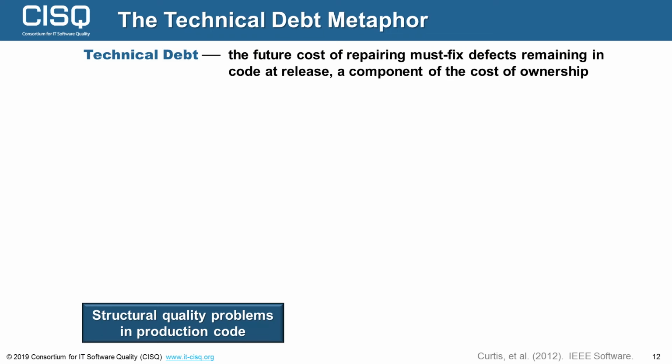We can get a measure of the cost of the corrective maintenance, which is technical debt. There are a number of different definitions of technical debt. The original definition Ward Cunningham created in 1991 was that if I just have to get the software out quickly, I go ahead and make some design decisions I know are suboptimal. But I know at some point I'm going to have to come back and fix that suboptimal design decision, and it's going to cost me money to do that.